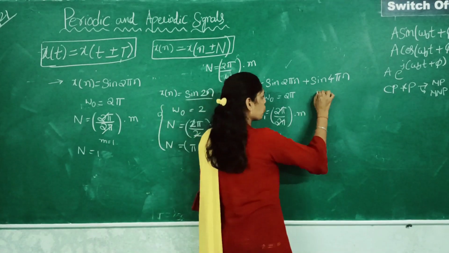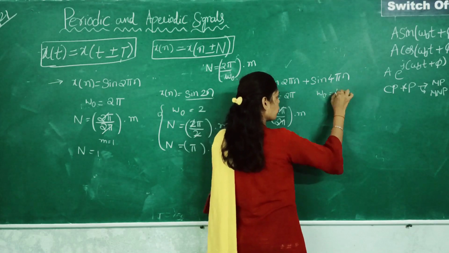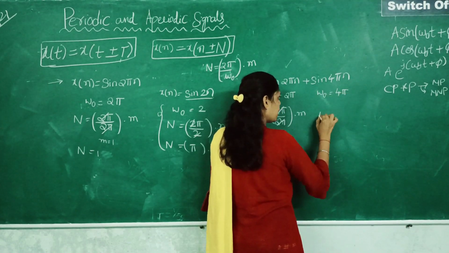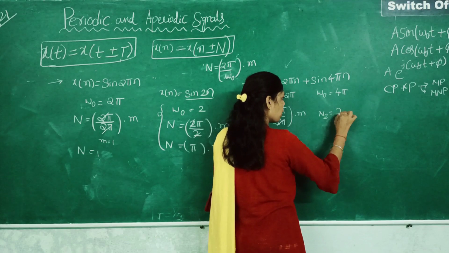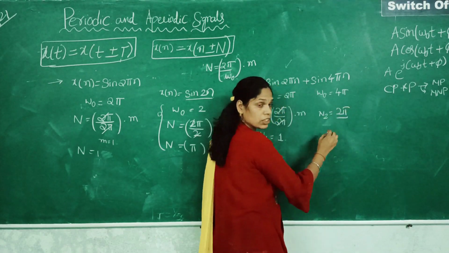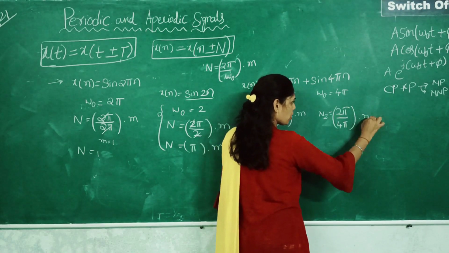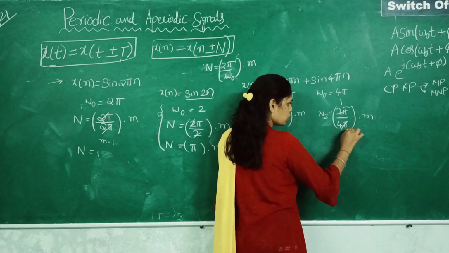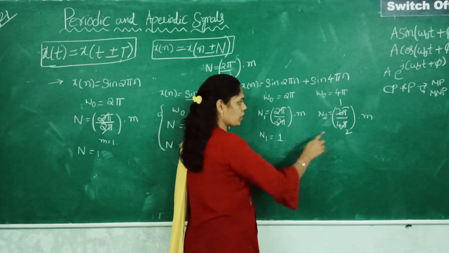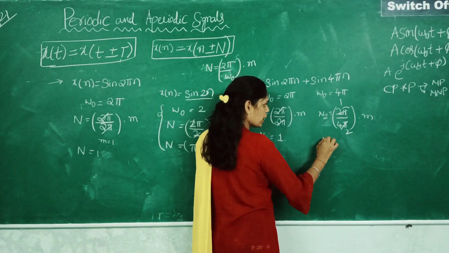Similarly, for omega naught equal to 4 pi, what is N2? It is 2 pi by omega naught, that is 2 pi by 4 pi, multiplied with m. This is 1, this is 2. If m equal to 2, what value are we getting?